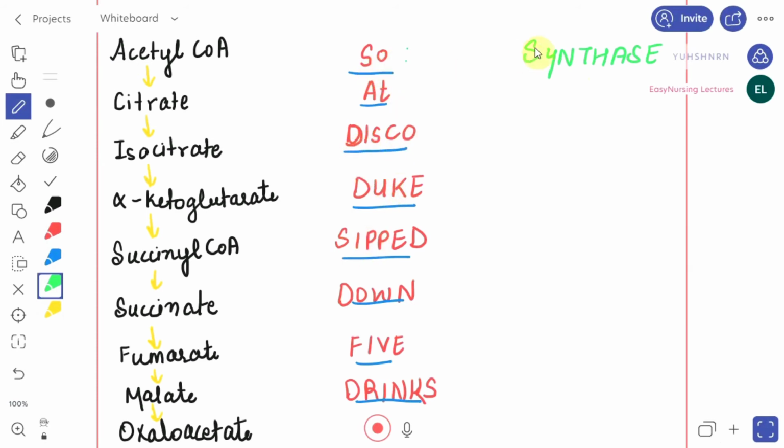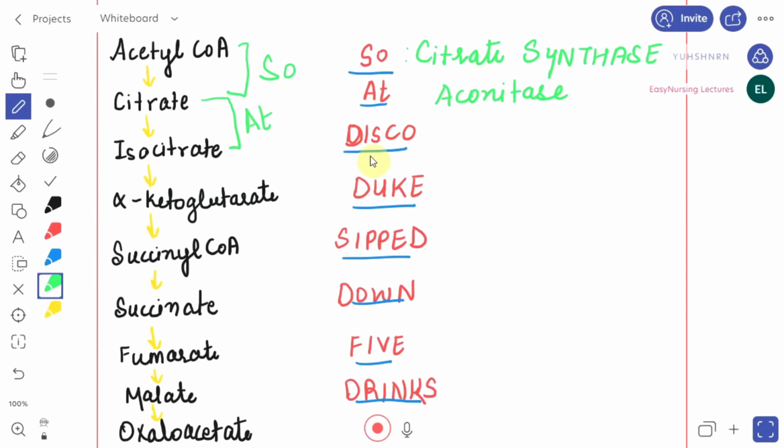So here we have S. S is for synthase. Now consider from acetyl CoA, citrate is forming, which is synthesized here, so the enzyme will be citrate synthase. From At we have A, aconitase. Aconitase is the one that is responsible for the conversion of citrate into isocitrate. So we have citrate synthase, and then from A aconitase.